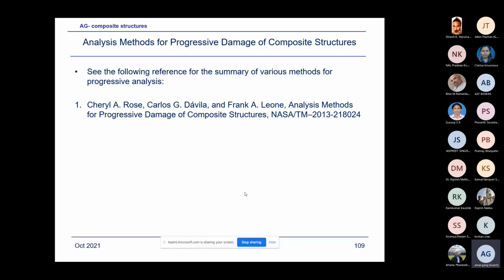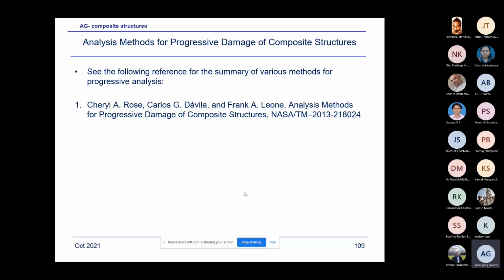So once you are confident with your modeling procedure, you are verified with the test data of some stiffened panels under tension, compression, all sorts of loading, whatever you want to design it to, and some environmental considerations.